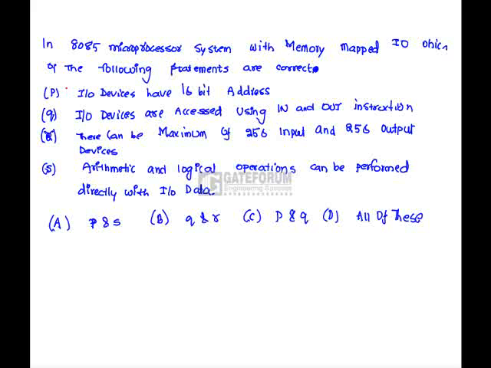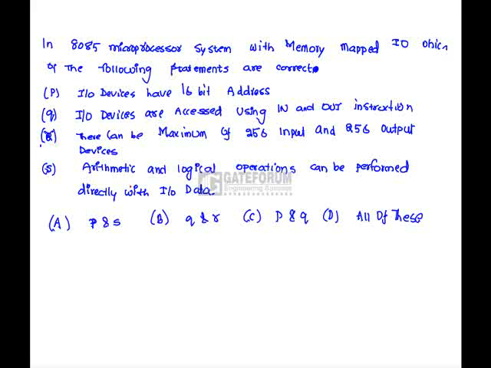Statement R, there can be a maximum of 256 input and 256 output devices. This is a wrong statement, because in case of IO mapped IO, the address is 8-bit. Hence, we can connect a maximum of 256 input and 256 output devices. But this is memory mapped IO, so this is a wrong statement.